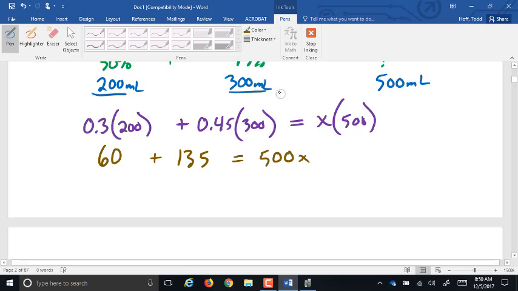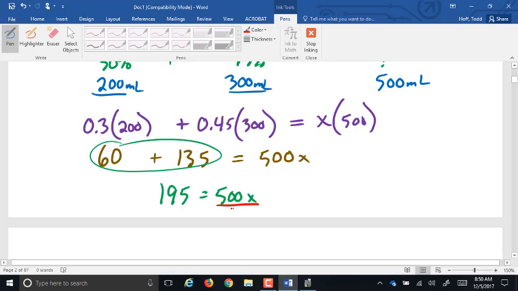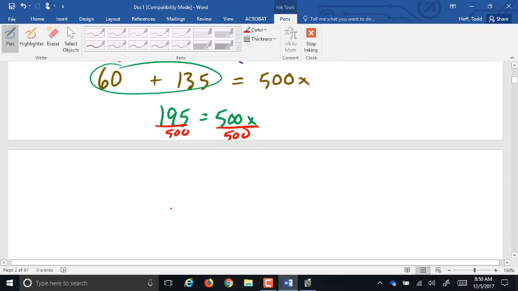Now, I have to combine 60 and 135, which is 195, equals 500X. And finally, I'm going to divide by the 500. I get 195 divided by 500 is 0.39. So it ends up being 39%.